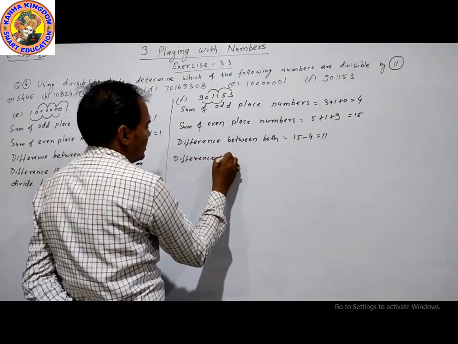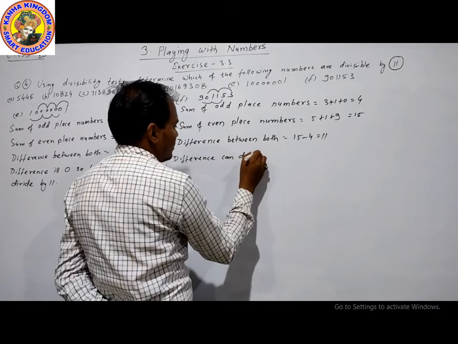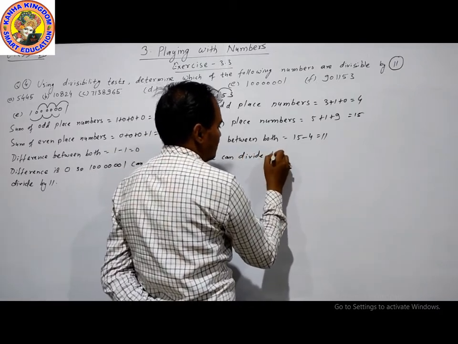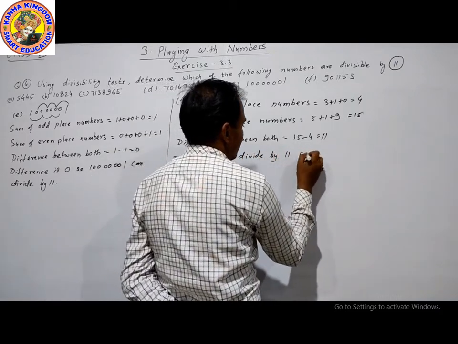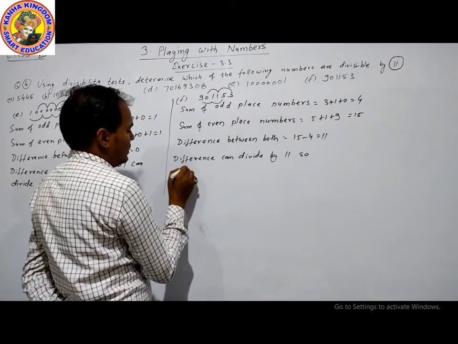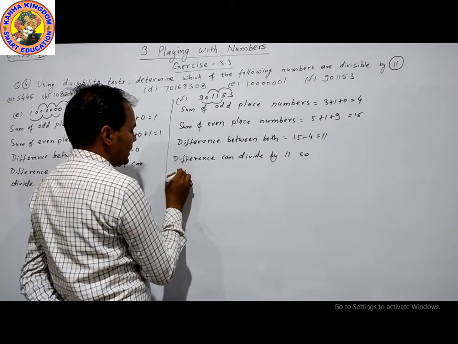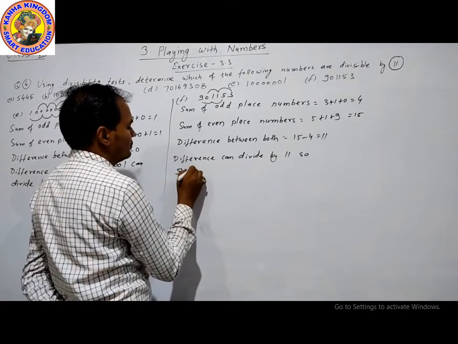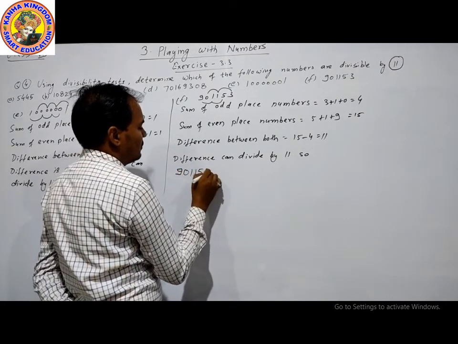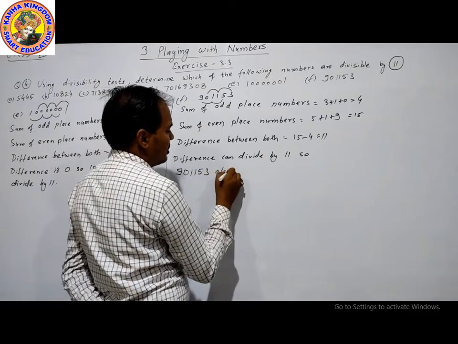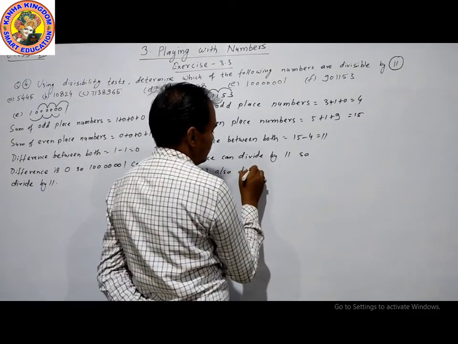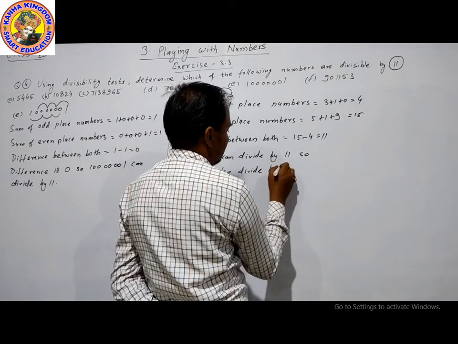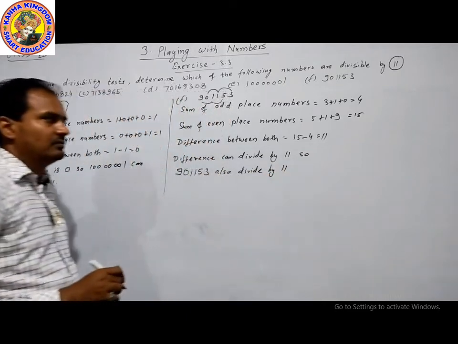The difference can be divided by 11, so the given number 901153 can also be divided by 11.